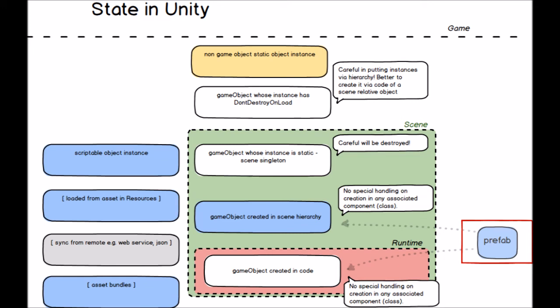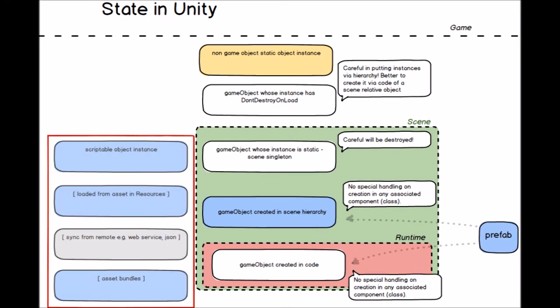Then I just put on the side some notes on how to preserve state in general in Unity. A very nice technique, which I never understood the purpose of until I actually had to use it in code, is the scriptable object.